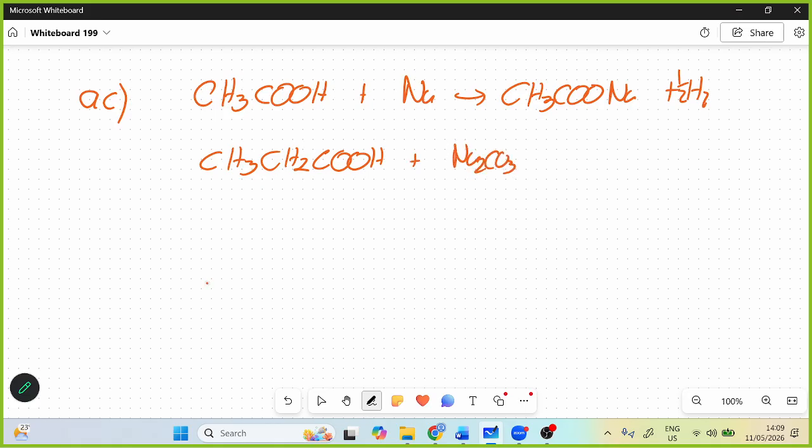This will be the salt, plus CO2 plus H2O. That will be 2 and 2 there. Okay. Ethanoic acid plus phosphorus chloride.